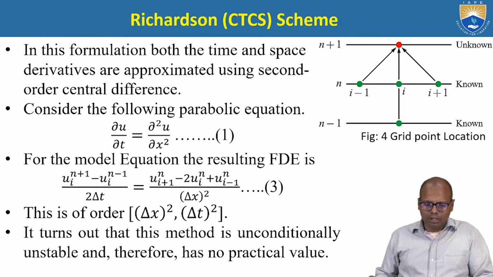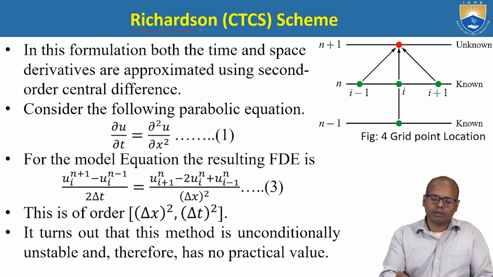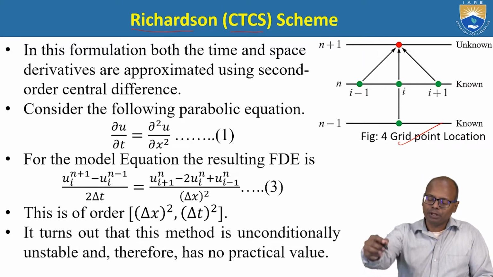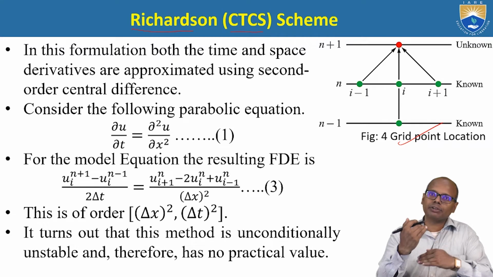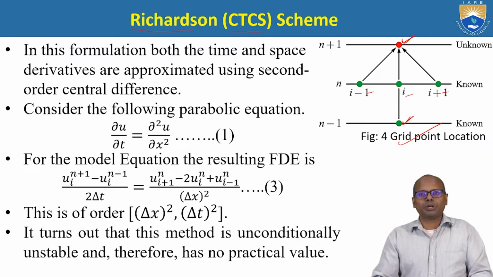So the next one is the Richardson approach or Richardson scheme, otherwise called central in time and central in space. The grid point location is shown here. Here we are using the central difference in time as well, so u_i^(n+1) and u_i^(n-1) are used for time, and we take the central difference i plus 1, i minus 1 for space.